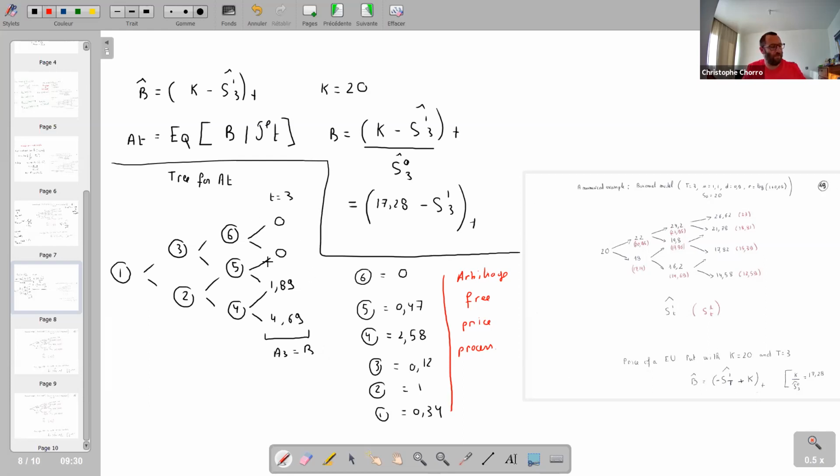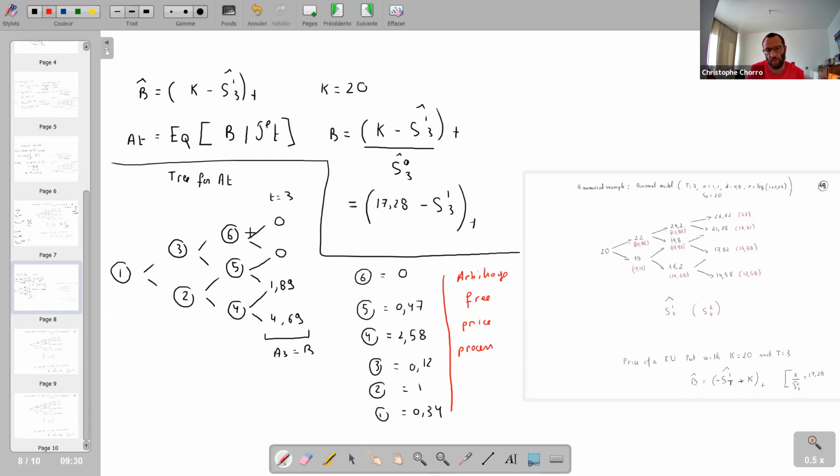So you start from the end, from the payoff function, okay, and then what you do is compute backward the price process, the arbitrage free price process, using several times the result I know from each submodel of size 1.